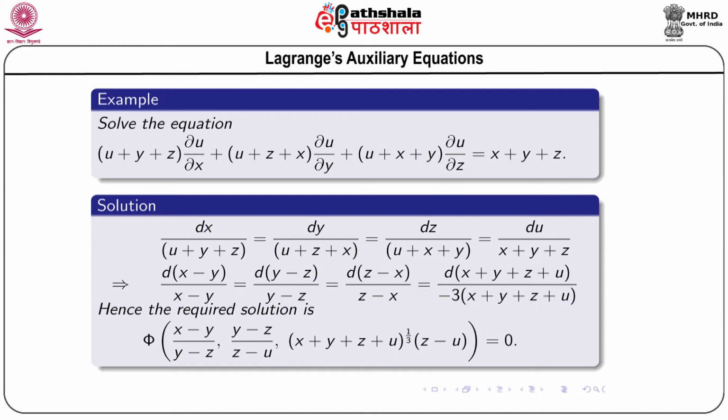And from these simultaneous equations, one can easily find 3 integrals. Since there are 3 independent variables, for the general solution we need 3 integrals.